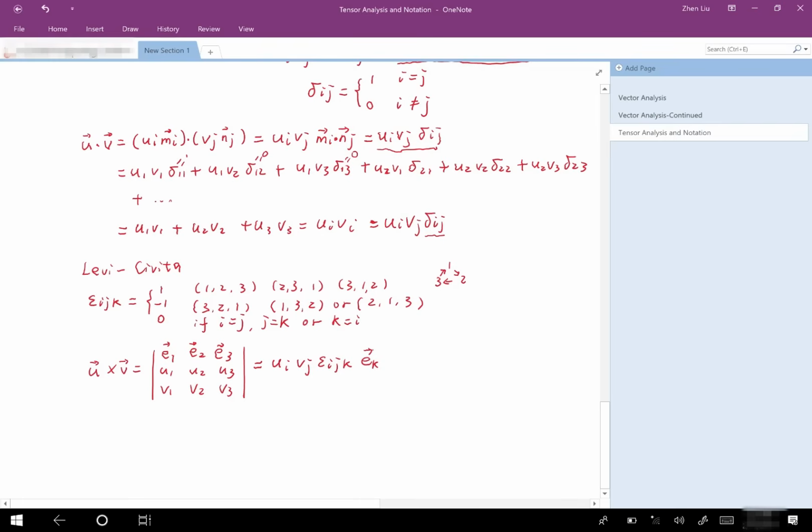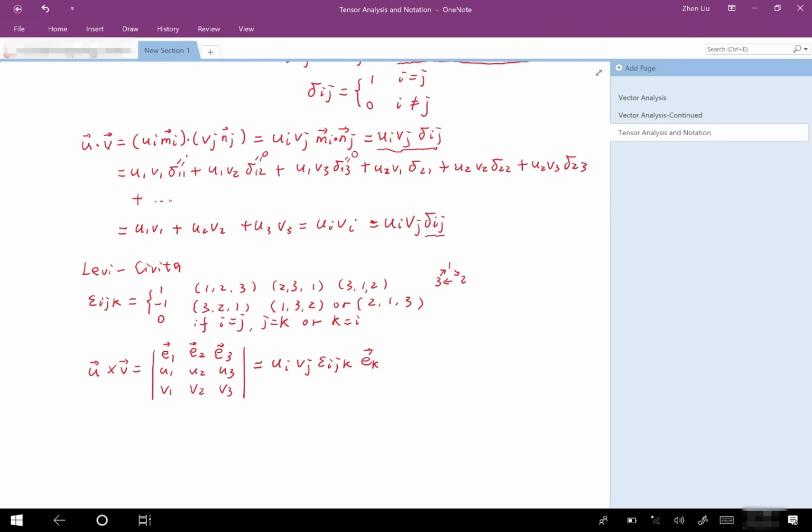So this one, Levi-Civita, we can understand it as a scalar, so we can move these three things around. So this is a vector. So you can see that the cross product of two vectors will give us a vector. I introduced this because we know that higher order tensors can be constructed with lower order tensors, right?